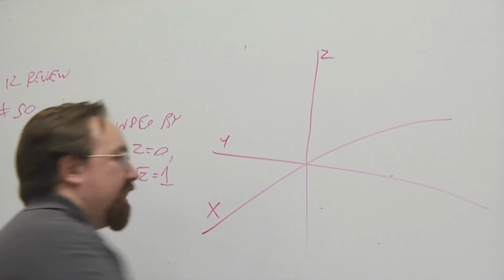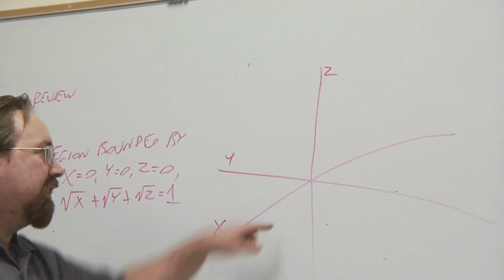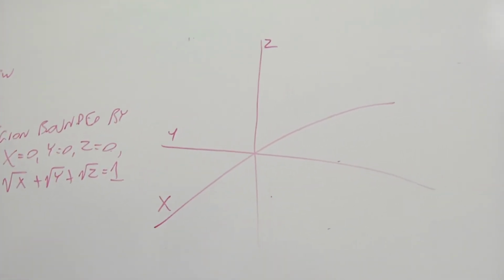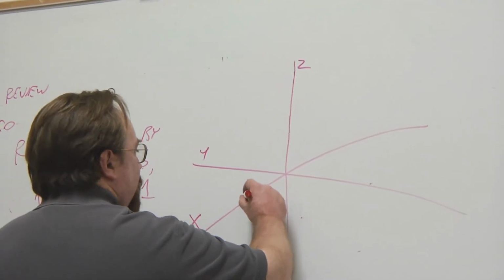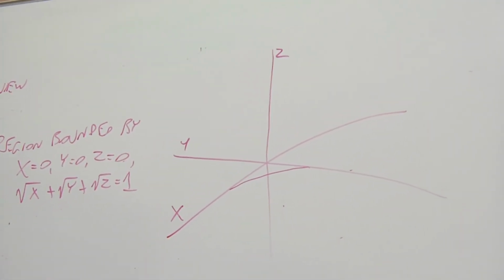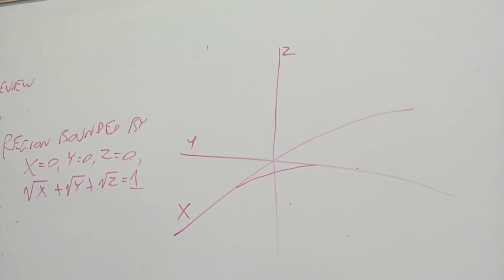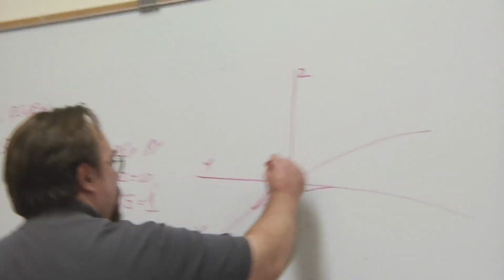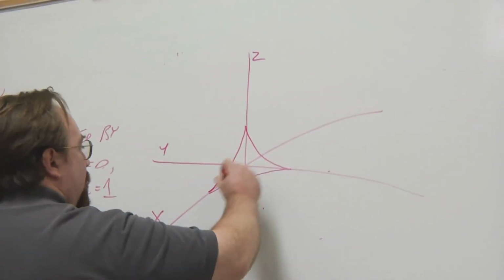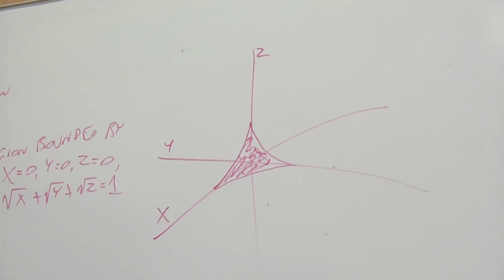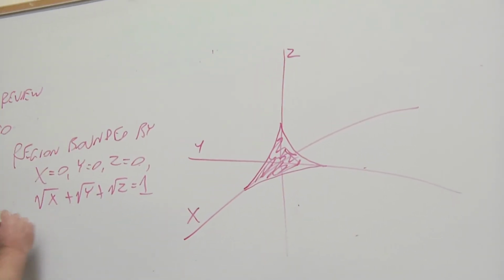Now, x squared plus y squared equals 1 gives a circle. X plus y equals 1 gives a line. Square root of x plus square root of y equals 1 is going to give something kind of freaky like that. So it's like you're taking a circle and you're punching it in. And then you have, similarly for the other pairs of planes. So it's something like this. All right. And you're computing the volume.